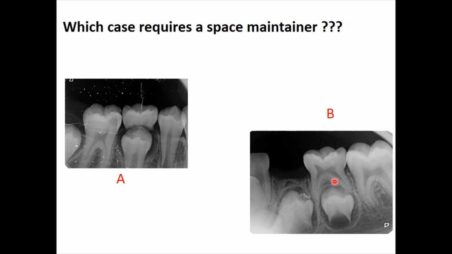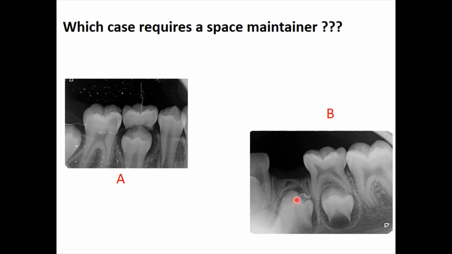While in case B, as we can see here, there is a post-extraction space, and the permanent tooth bud which we see here has just started forming one-third of the root. If we see Nolla's stages of tooth eruption, the root has just started to develop.